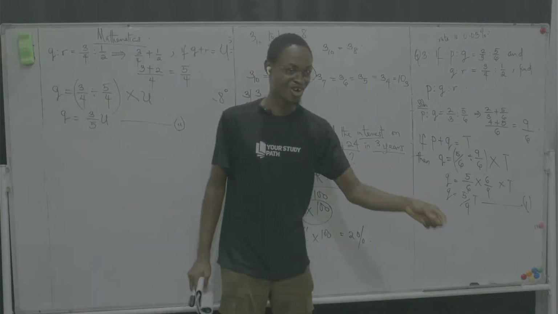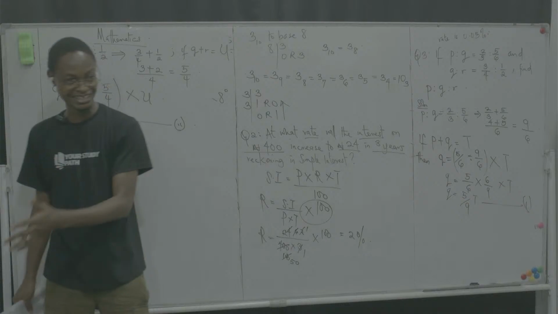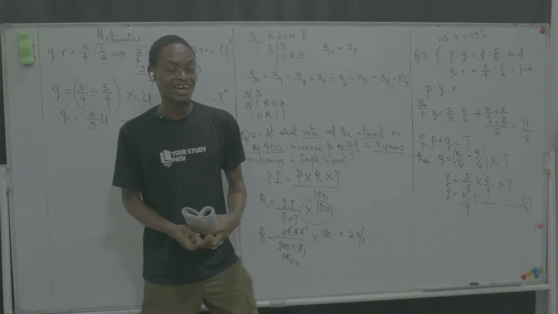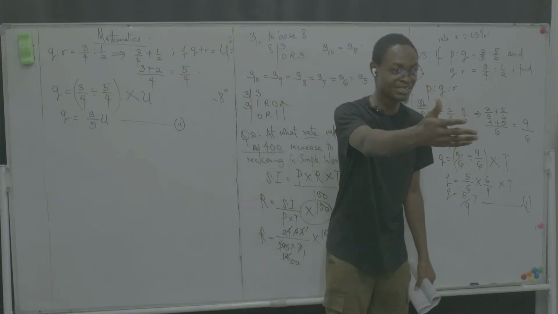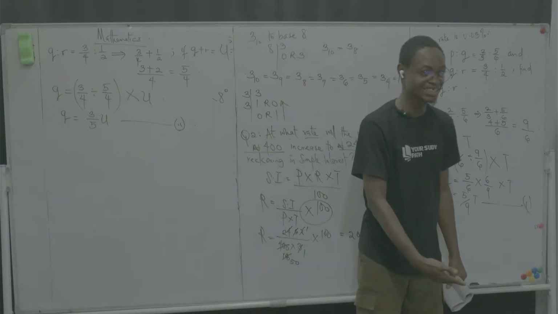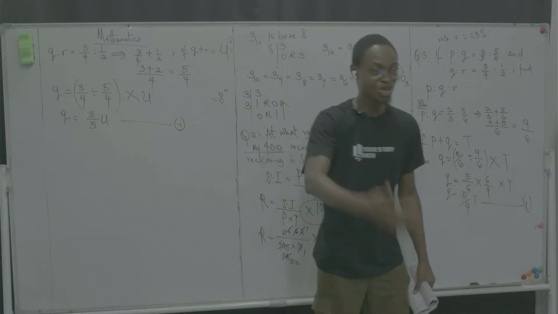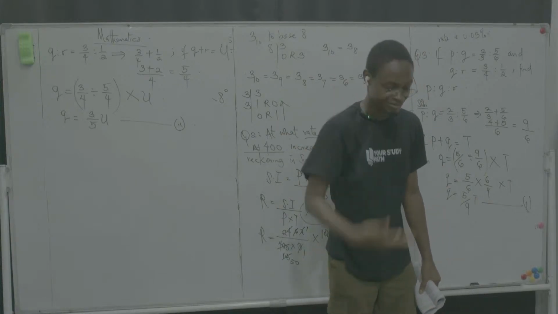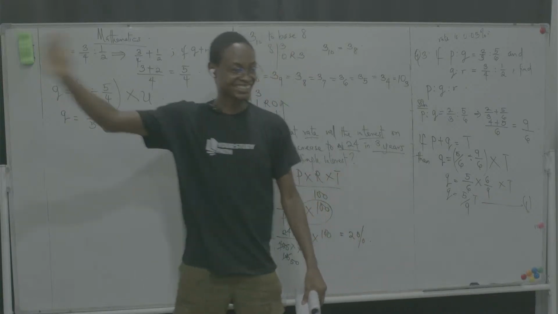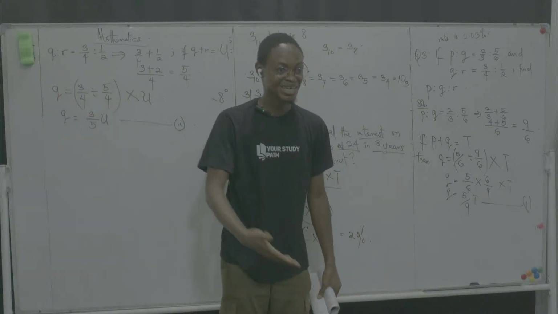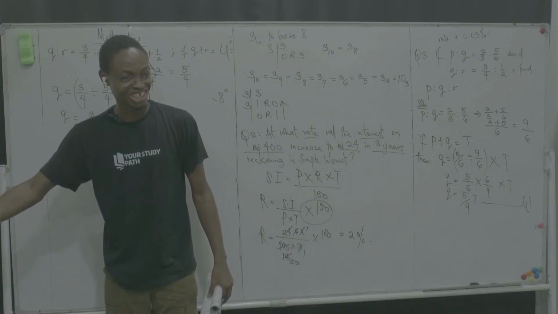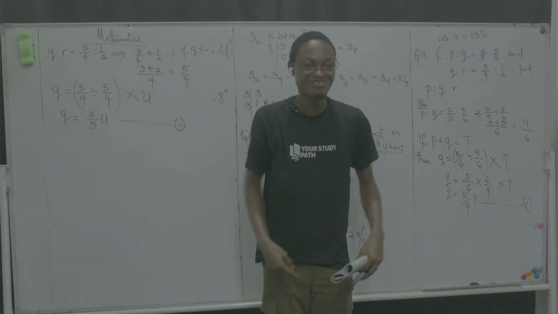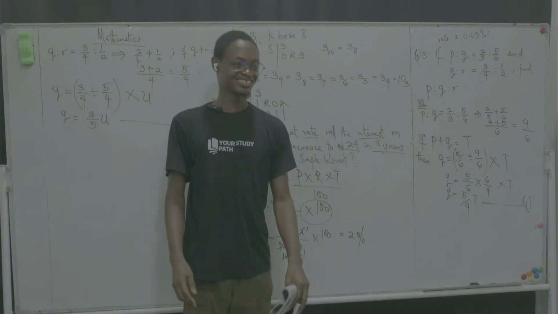If I compare A to B, A has 4 oranges, B has 6 oranges. So the ratio will be 2:3. Now, if I compare A and C, A has 4 oranges, C has 10 oranges. The ratio will be what? 2:5. But then it does not change the fact that A collected 4 oranges.